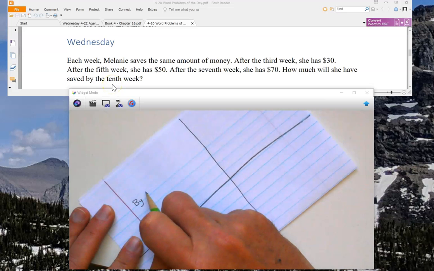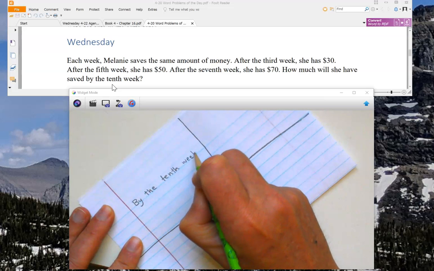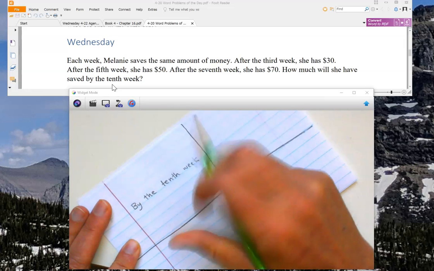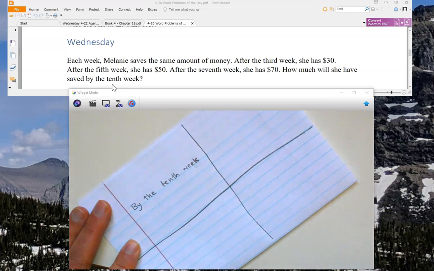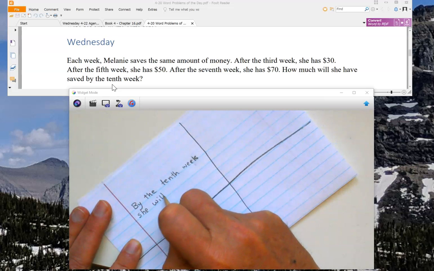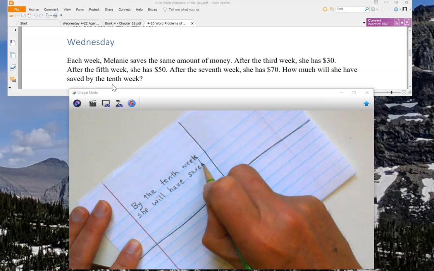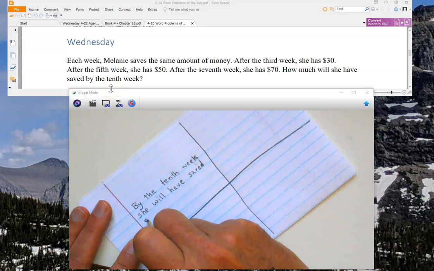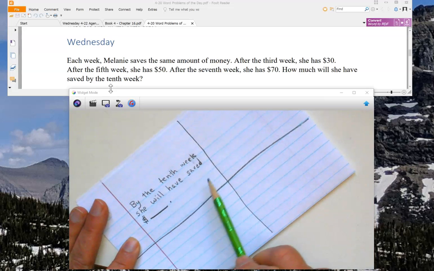By the 10th week, she will have saved, and since we're talking about dollar signs, I'll put a dollar sign in there. She will have saved blank dollars. Let me make that K a little bit neater, it kind of looks like a C and a stick. So by the 10th week, she will have saved blank dollars.